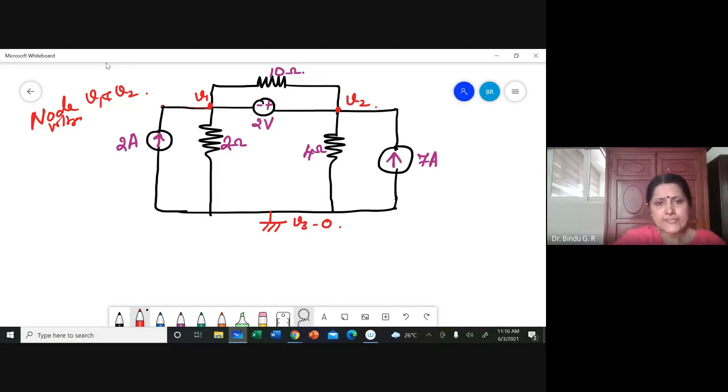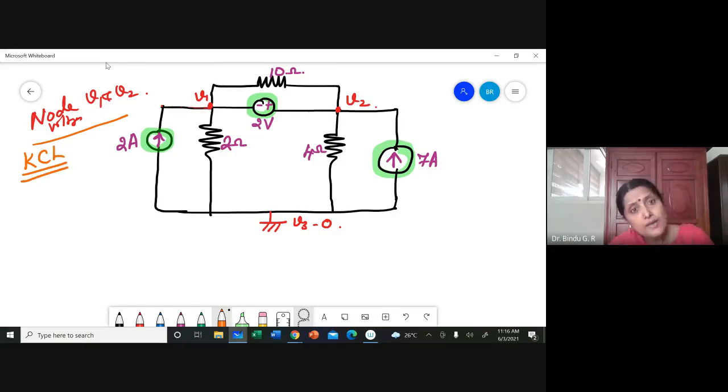Again, all of you should listen. I'll give you time to write. As you can see, there is one current source, there is another current source, but there is a voltage source as well. When you are thinking about node voltage analysis, you are mainly discussing KCL. Had there been only current sources, you would need to apply KCL only.